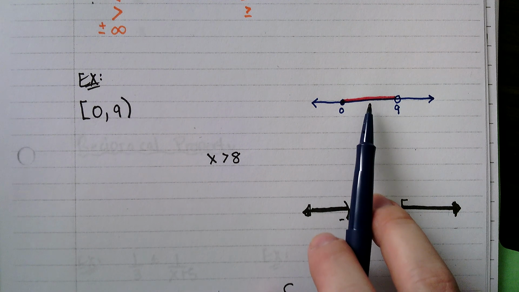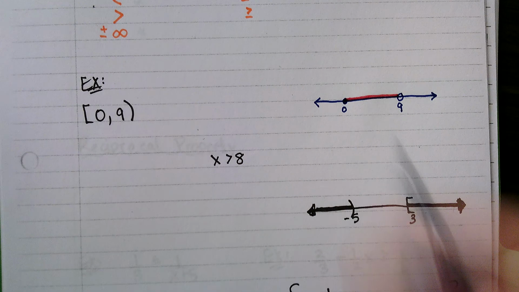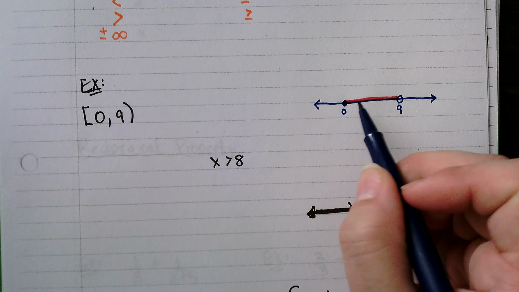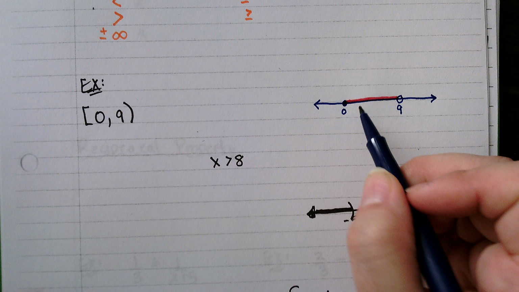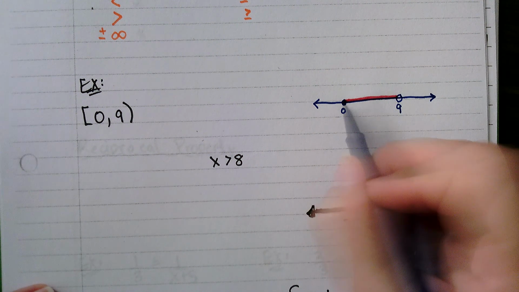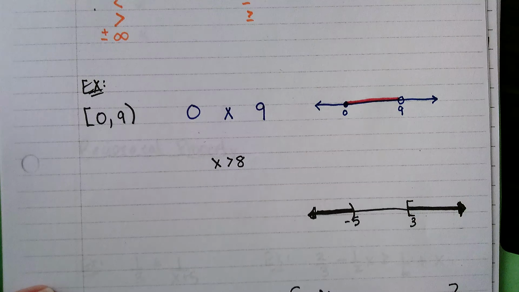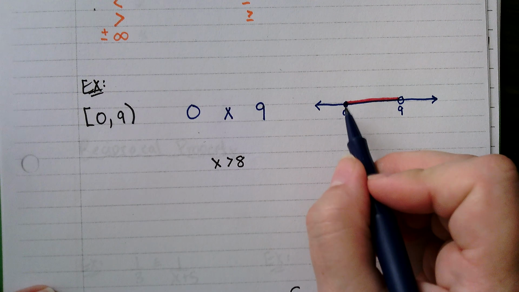Let's look at some examples going from interval notation. We're going to make that into an inequality, and then also on a number line. So for this one right here, we have a half open interval, a closed circle on 0, and an open circle on 9.